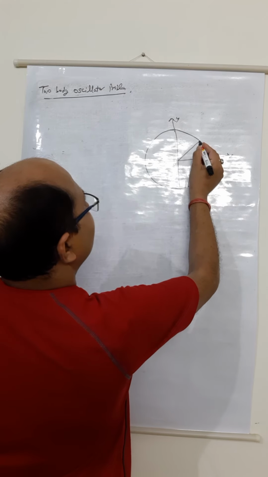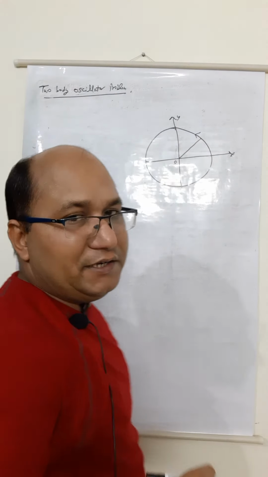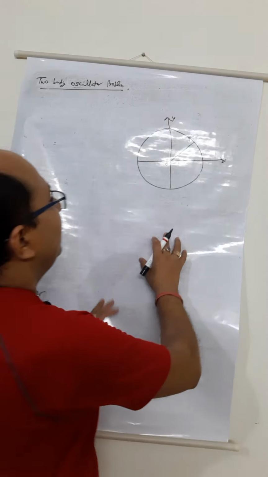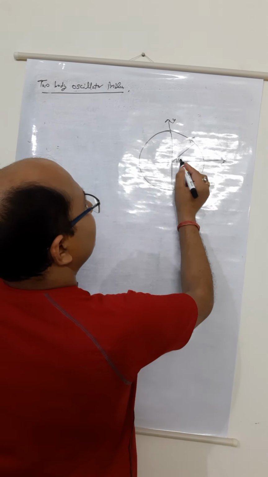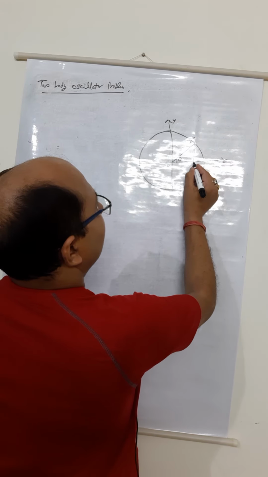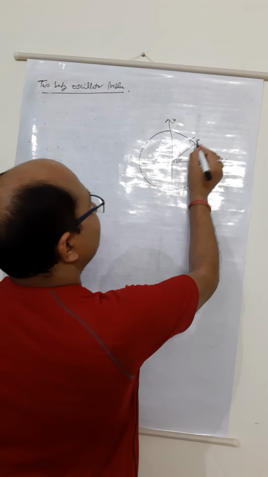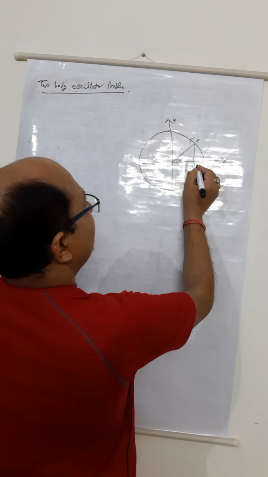A particle is rotating anti-clockwise, and at any instant suppose this angle is theta. The particle is at point P, and its projection on the x-axis is P dash, with coordinates r cos theta and 0.